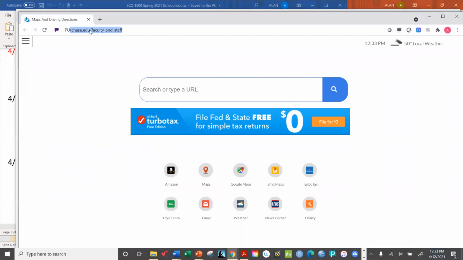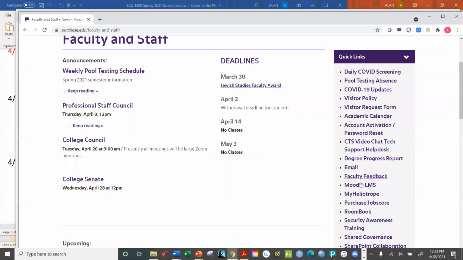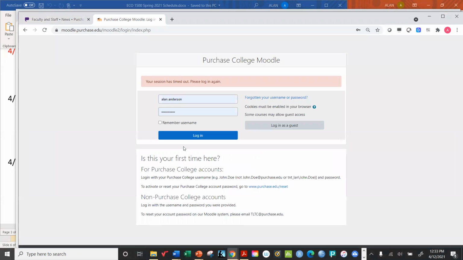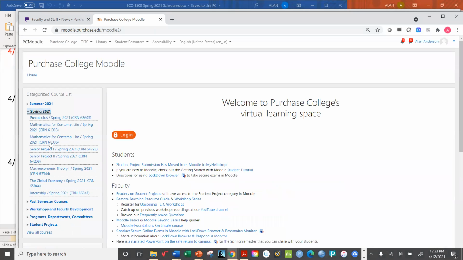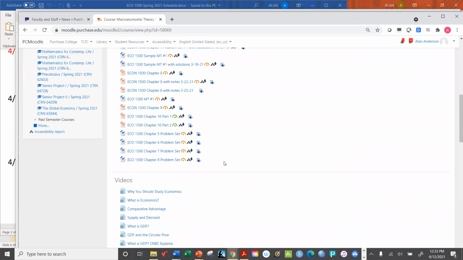Let's go look at Moodle right now and check this out. So yes, down here at the bottom, there are 4 problem sets, 5, 6, 7, and 8. There's going to be one for 9 as well as a sample midterm number 2.